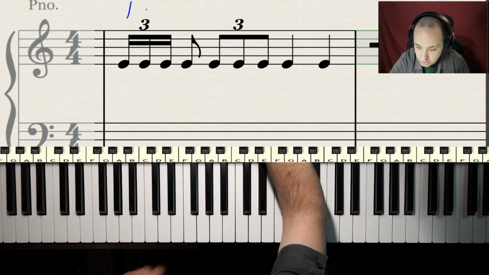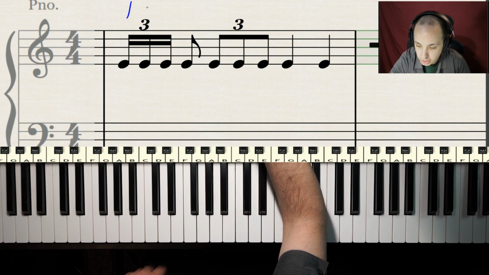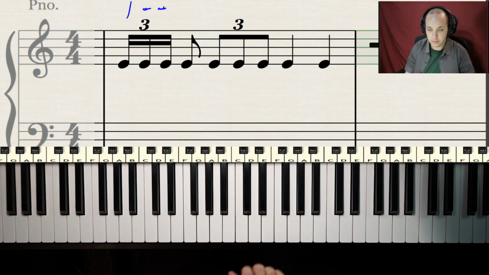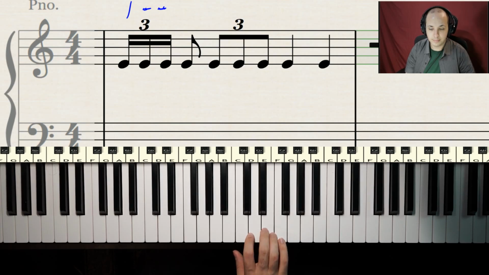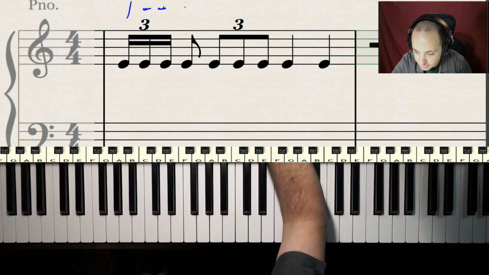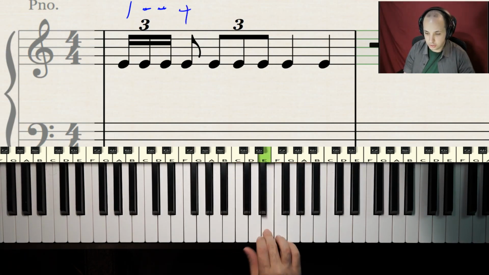So you have 1. Well, I guess you could say 1 triplet, but I would just count 1, bump, bump, like you just have 2 more of them there. So 3 of them. 1. Remember, just in the time you count 1, 3 notes. Just like that, since it only takes up the first half of beat 1. And then you have and. 1 and 2.